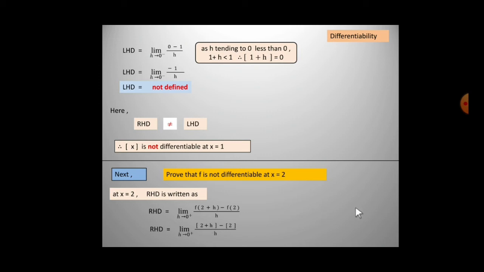Therefore here, limit as h tends to 0, it becomes 2, and f of 2 is also 2. That is, the greatest integer of 2 is the same number because it is an integer, divided by h as it is. So here is the reason: as h tends to 0 from more than 0, 2 plus h becomes more than 2. More than 2 means it is very close to 2, like 2.1, 2.2, 2.001, whatever.